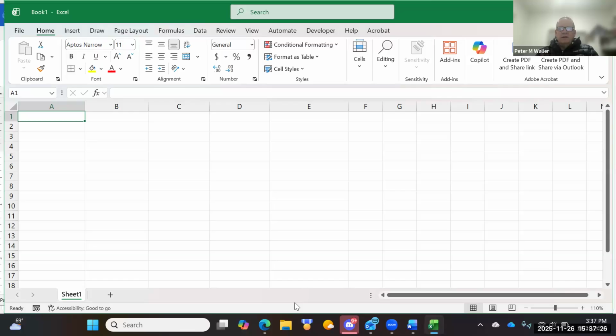So what we're going to do is we're going to set up the spreadsheet, and I'm going to start at 8 p.m. because that's the time when we finish irrigating at night. And so I'm just going to fill down 24 hours.